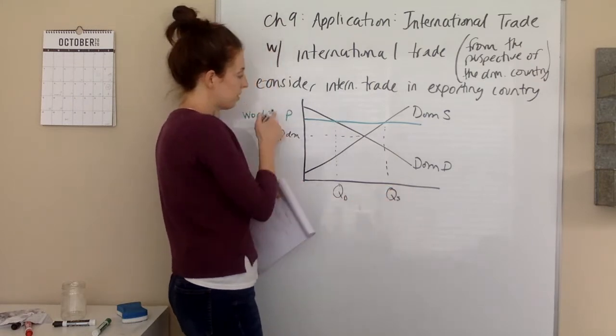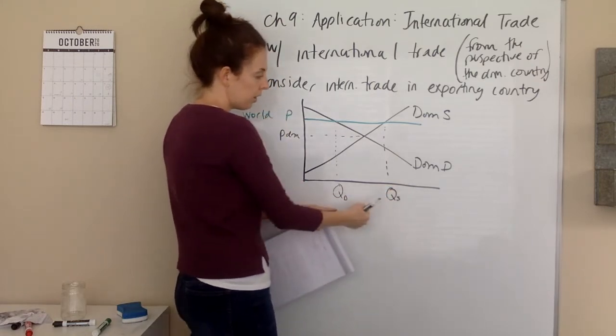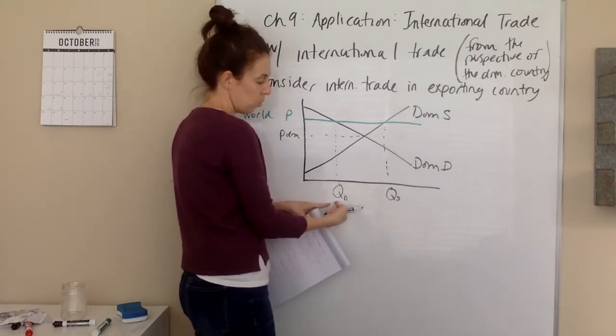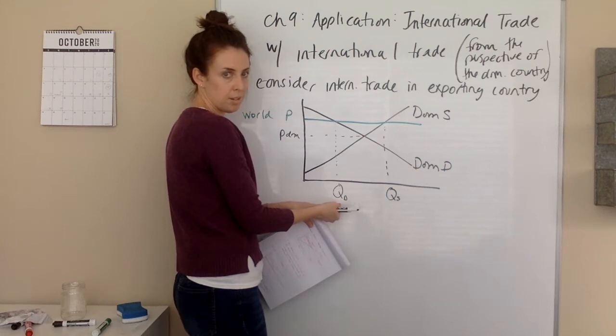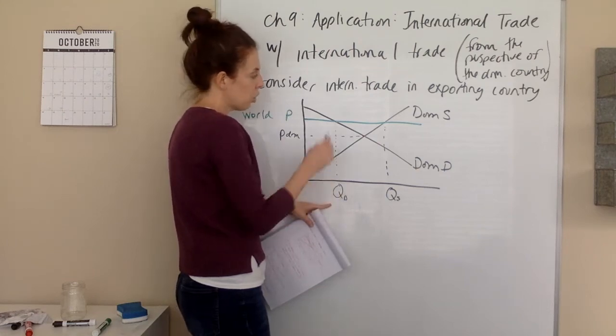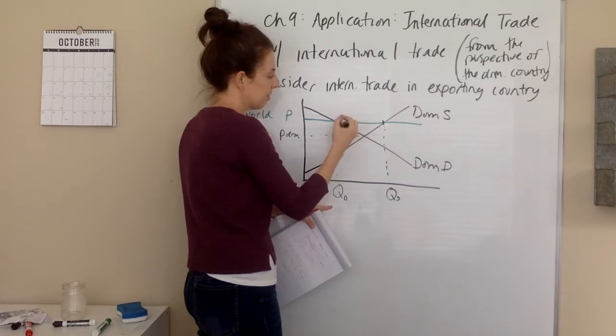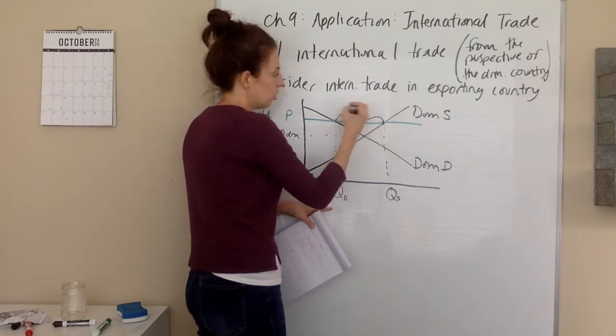So once this world price is assumed, we've got a surplus. We've got home manufacturers making more than the home consumers can consume, and so they're going to take this surplus, this excess, and export it.